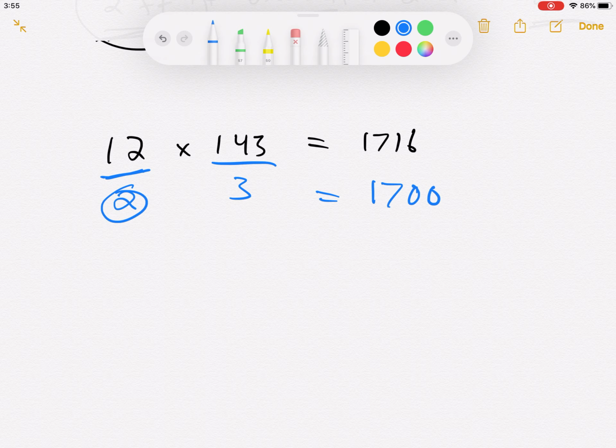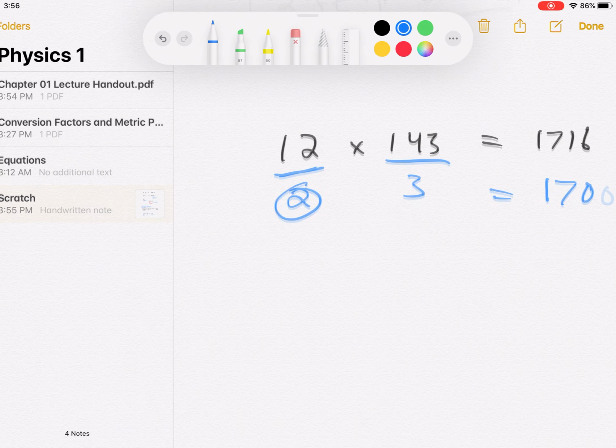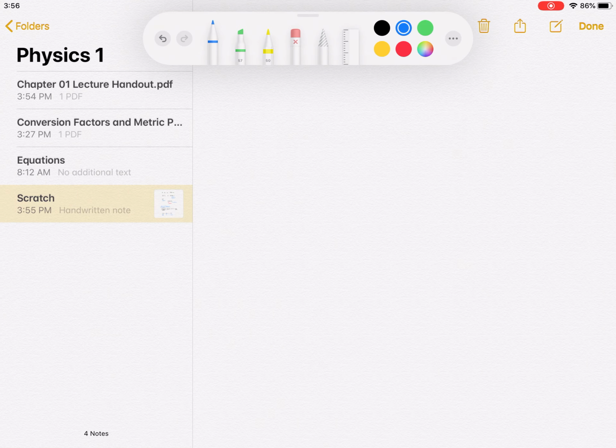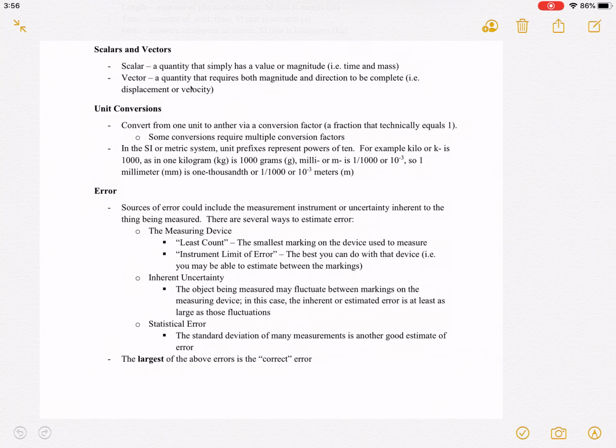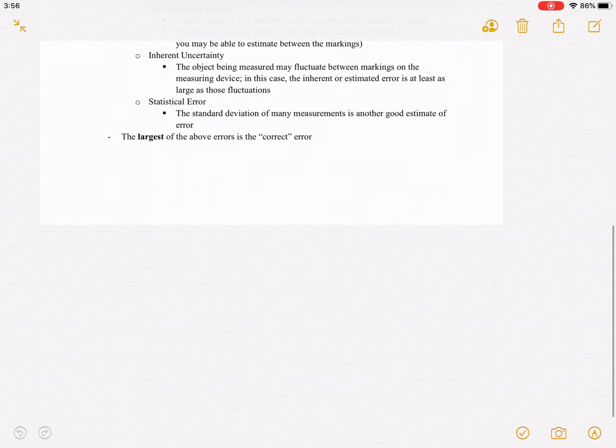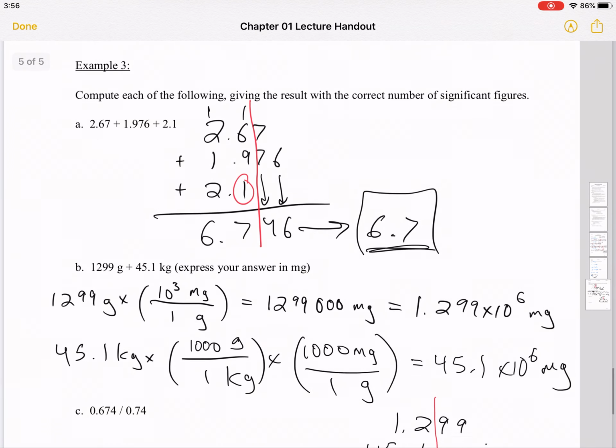So whichever number going into it has the fewest sig figs, that governs the sig figs for the answer. There is a way to show that, but I don't want to take the time to do it right now. So if you're interested, ask me, and we'll talk about it. So let's just do some examples, because they're pretty quick.